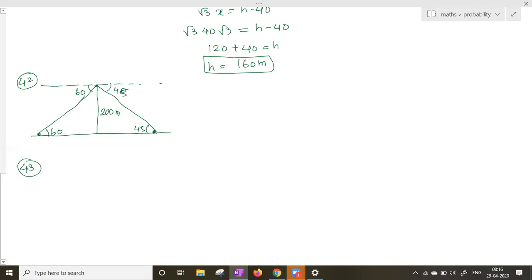The horizontal distance between two poles is 15 meter. The angle of depression of the top of the first pole as seen from the top of the second pole is 30 degree. If the height of the second pole is 24 meters, find the height of the first pole.